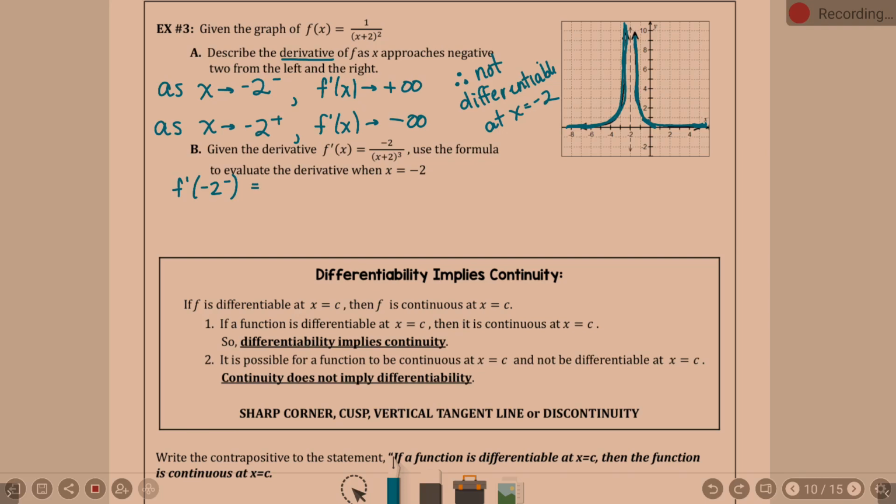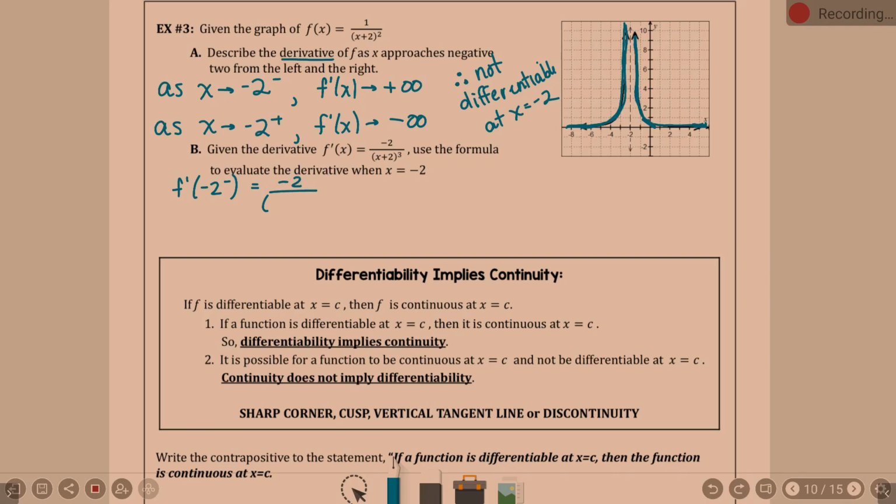Let's start with -2 from the left. If I evaluate with -2 from the left, -2 over, what do I put in place for x if we're coming from the left of -2? No, -2.01, because we're on the left of -2. Hey, I had to check myself too.